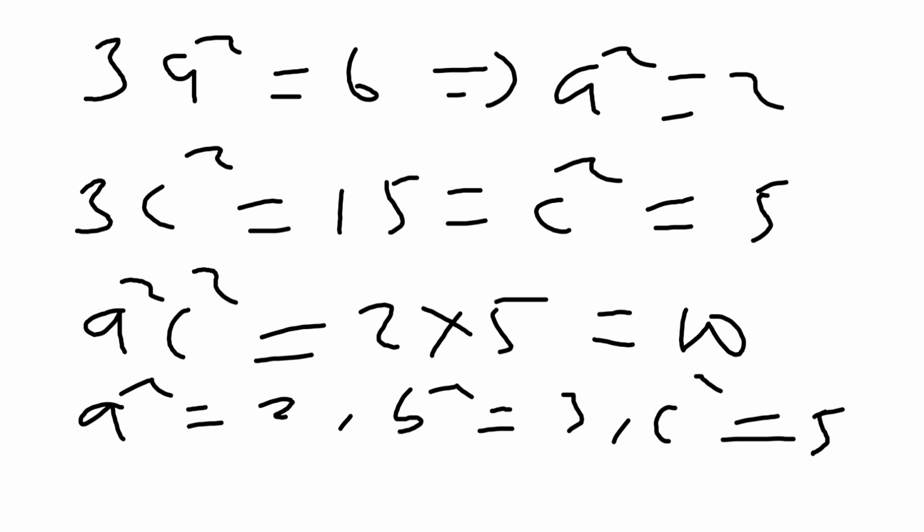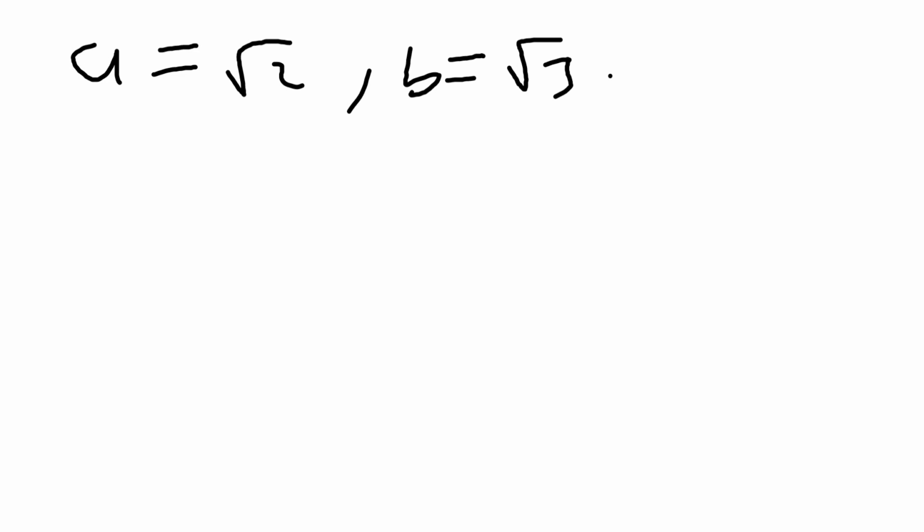Continuing again, we have that a is equal to root 2, b is equal to root 3, and c is equal to root 5, because what we have on the left hand side is just a sum of positive numbers, so we shouldn't play with any negatives.